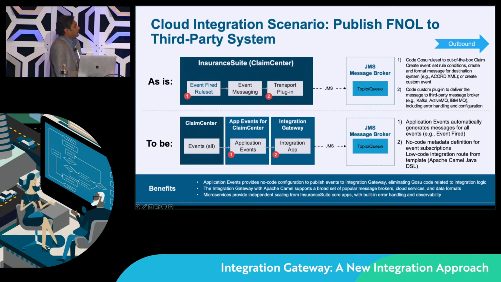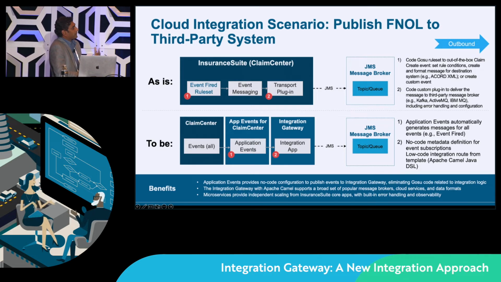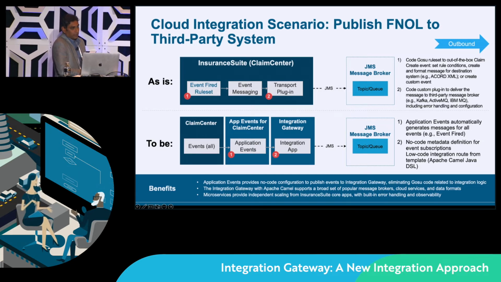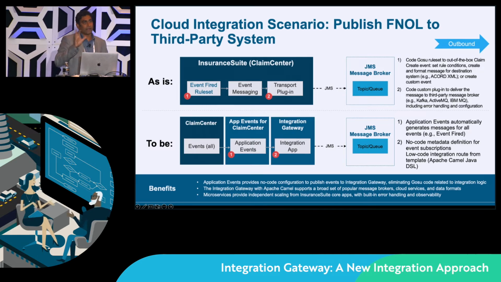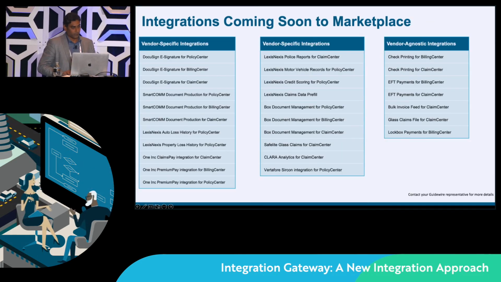Again, there's so much benefit. In this scenario with app events, there's no code, and you're using low code, mainly the Java DSL, and it's all microservices. That's just a couple of use cases using Integration Gateway.